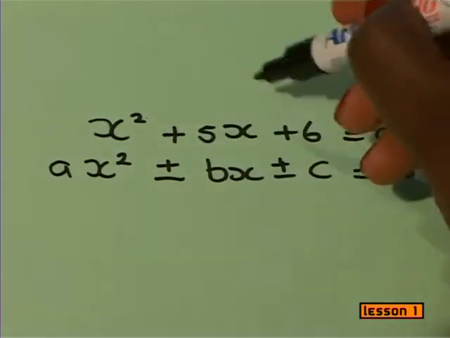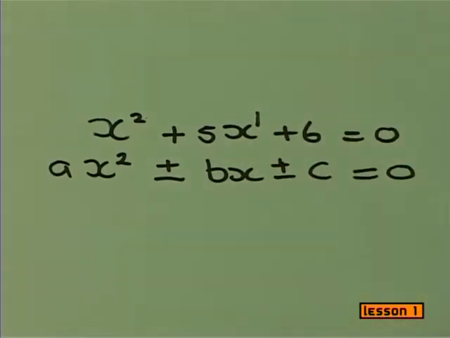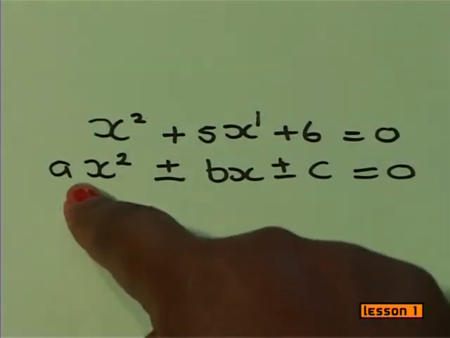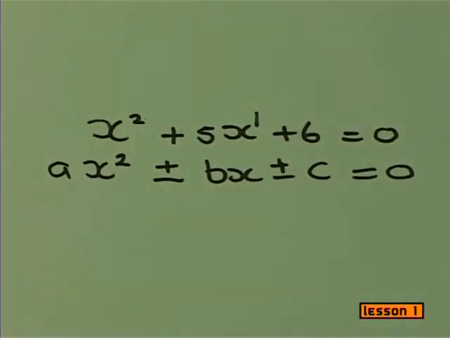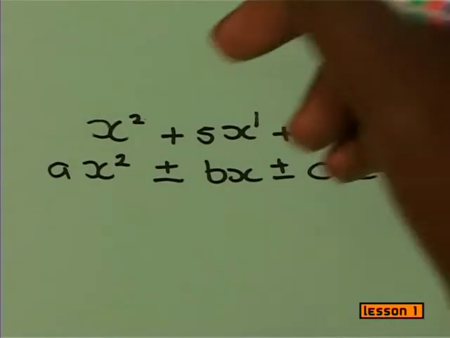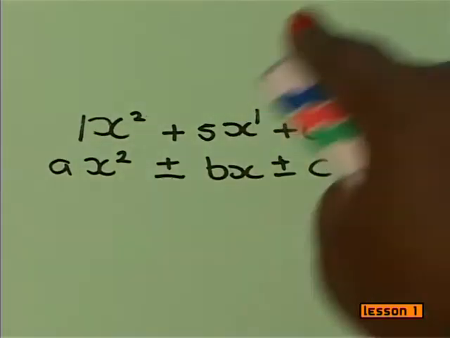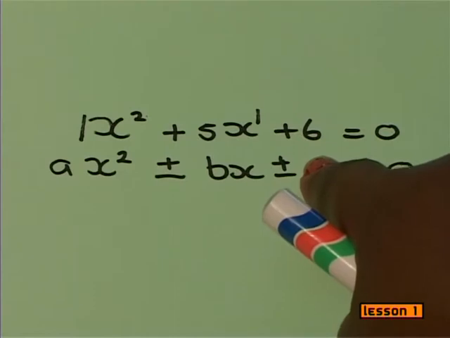This x is to the power of 2 and this one to the power 1. So the powers are in the ratio of 2 to 1. And the equation is in the form ax squared plus bx plus c equal to 0. We can also see in this case that a equals 1, b equals 5, and c equals 6. Oh, I see what you mean.